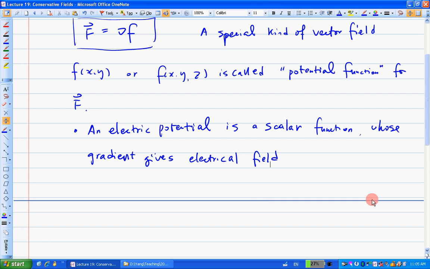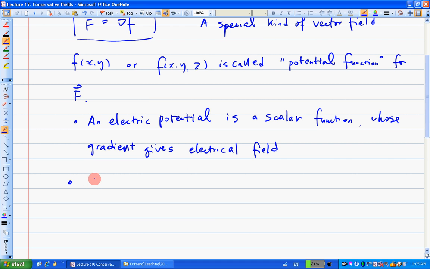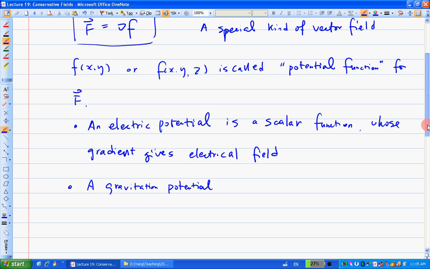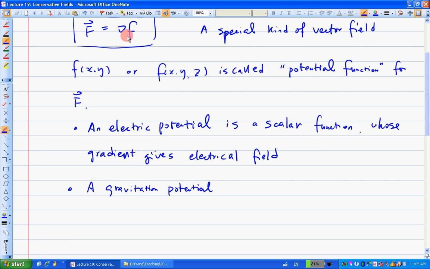Another example is the gravitational potential, and its gradient will give you the gravitational field. As a matter of fact, if you recall, this del f is the gradient. And what does it point to? It points in the direction of the greatest increase of the function f.